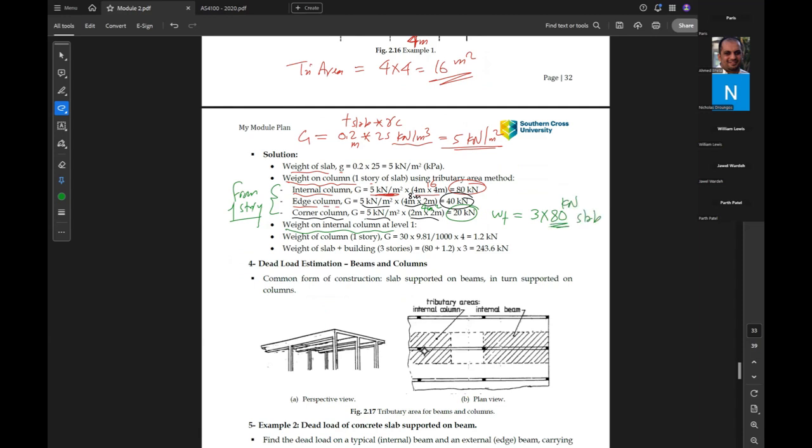What else should be included? Do you know what else should be included for that? What does the dead load include? The dead loads include the slab, which is supported by the column. So the column carries the slab. What else should be added to the column weight?